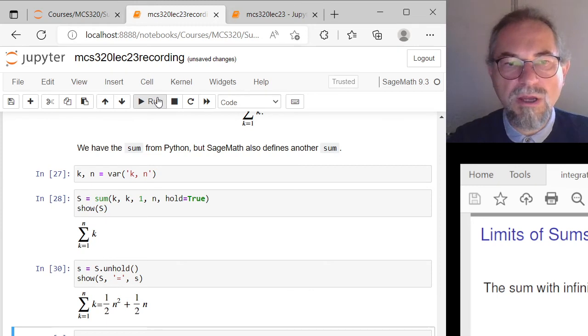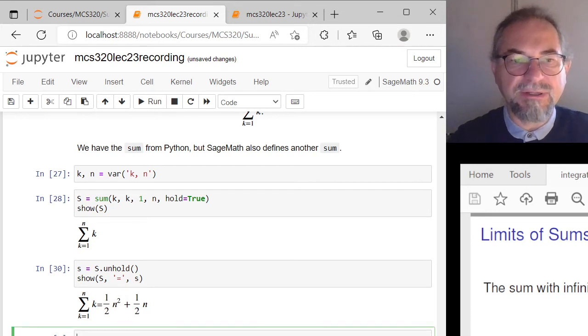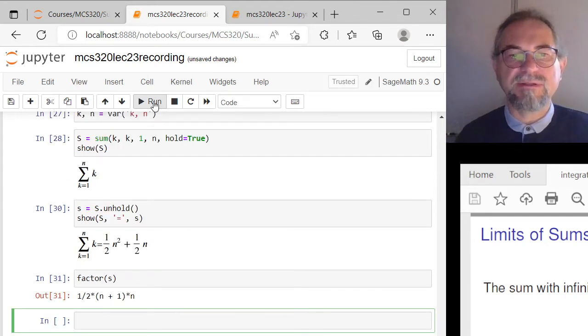Here we go. We can still make it a little bit prettier by factoring. So we have the common factor n that's in there, and I can factor this.